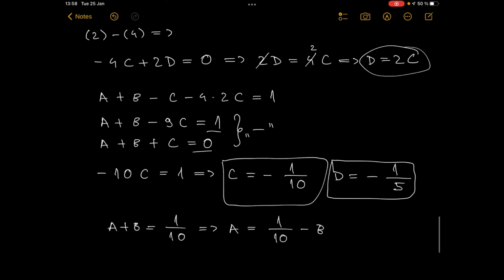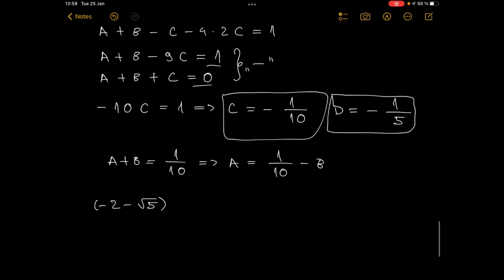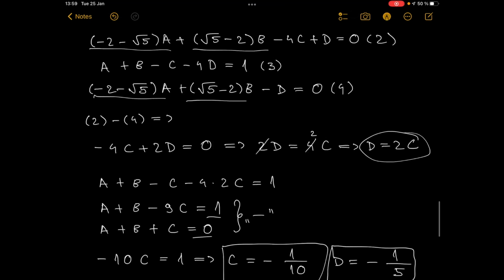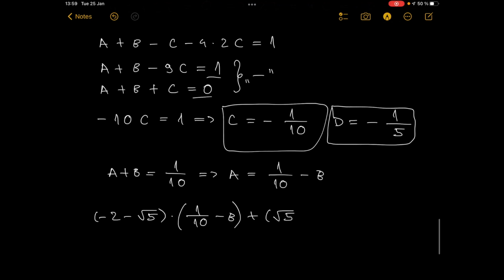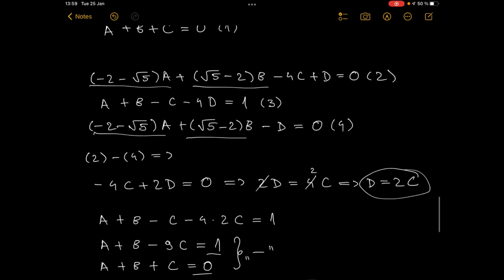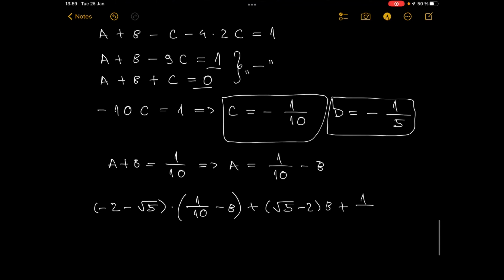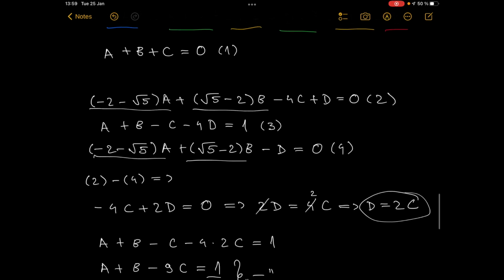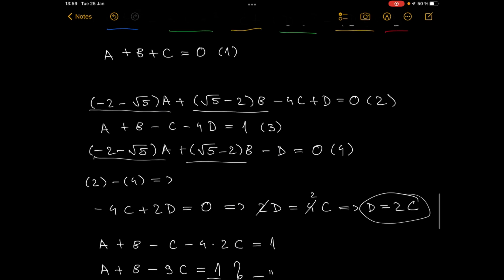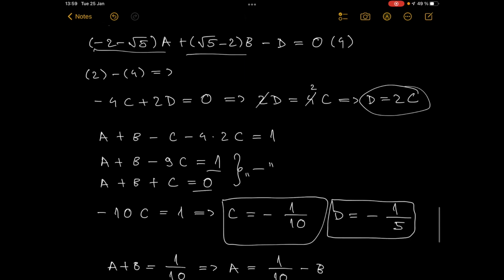Minus 2 minus the square root of 5 times 1 over 10 minus b plus the square root of 5 minus 2 times b and minus d plus 1 over 5 is equal to 0.